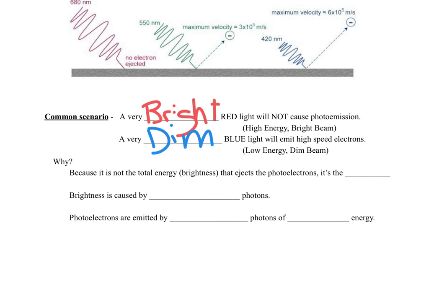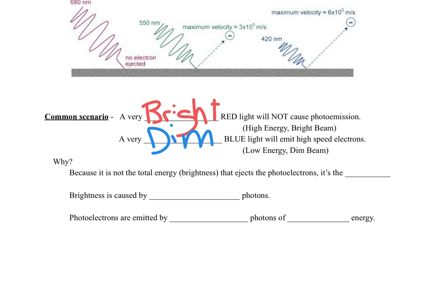It's not even very useful as a flashlight, because it's not giving off much light, but it's giving off some photons. And in that case, each individual photon can eject an electron, even though it's a dim beam and there's not much total energy. We're not talking about the total energy here for photo emission. It's the individual energy of the photons that gives off the electrons.